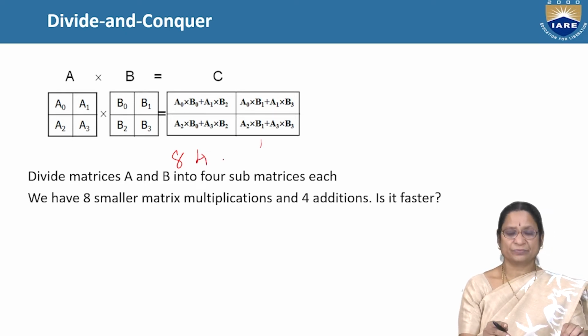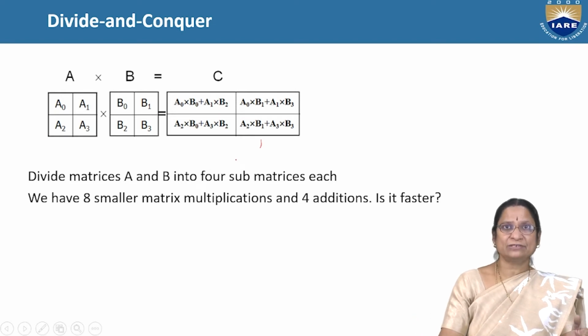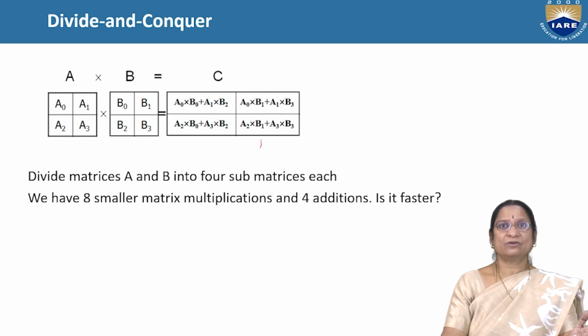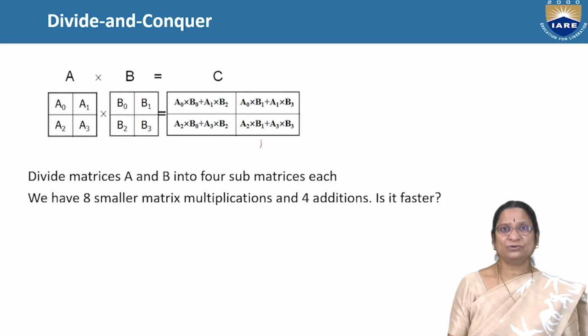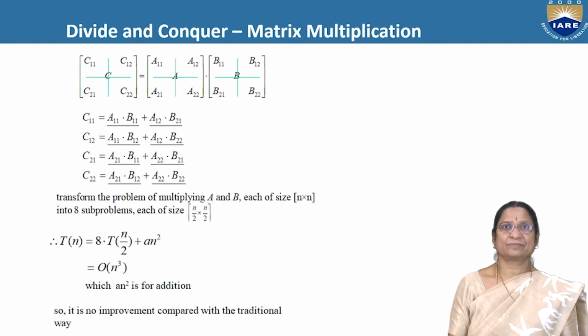So if we divide each matrix into 2 by 2 matrices, then the multiplication of the 2 by 2 matrices consists of 8 multiplications and 4 addition operations. Now we will see whether it is a faster way, if we are able to divide our entire matrix into base matrices of size 2 by 2.